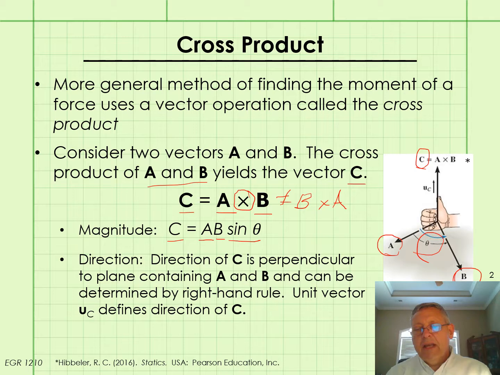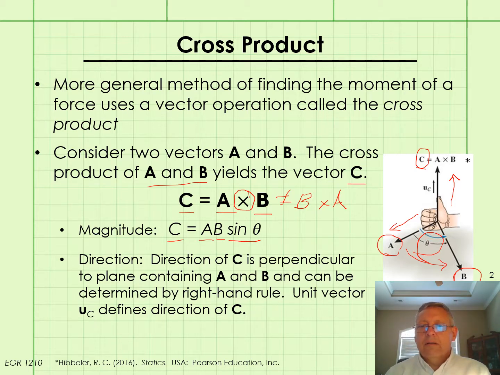For crossing A into B, we put our fingers out in the direction of A so that when we curl them, they go towards B. And when we do that, our thumb will point along the axis that contains C and in the direction of C.